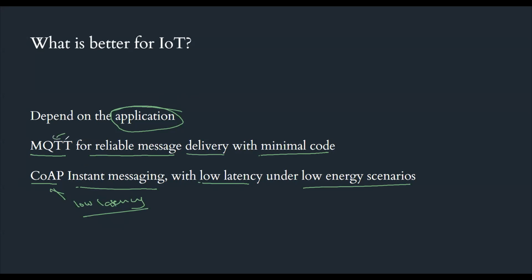For reliable messaging, we can go for MQTT. So depending on the application, we can use either MQTT or CoAP. We cannot say this is the best protocol all the time, so we need to consider the application we are using it for.